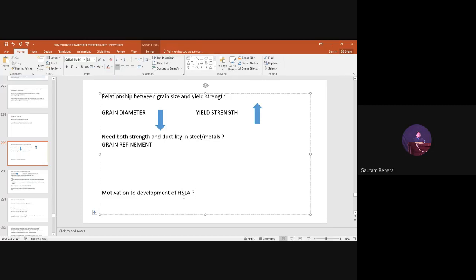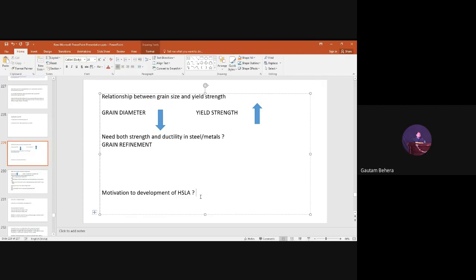So high strength, low alloy. The alloying content will be very minimum, but strength is very high, right? So what advantage will we get? Lightweight. Yes, we can minimize the weight, or in other words minimize the density. Because if more alloying element is there, the weight will increase.